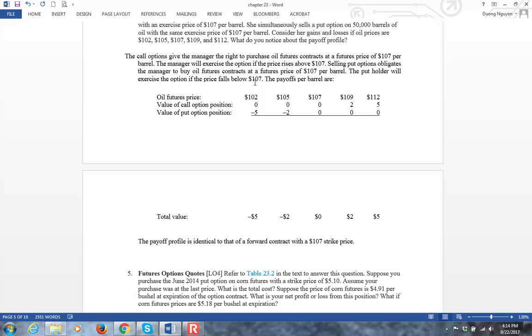The seller of the put will have to buy at 107, but at the same time the market is only 102, so the seller of the put loses $5, or the value of the put to the seller is -5.